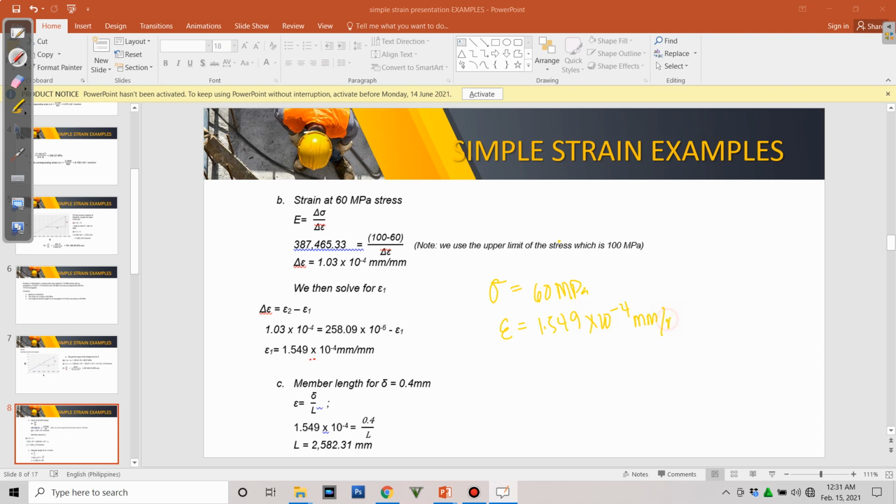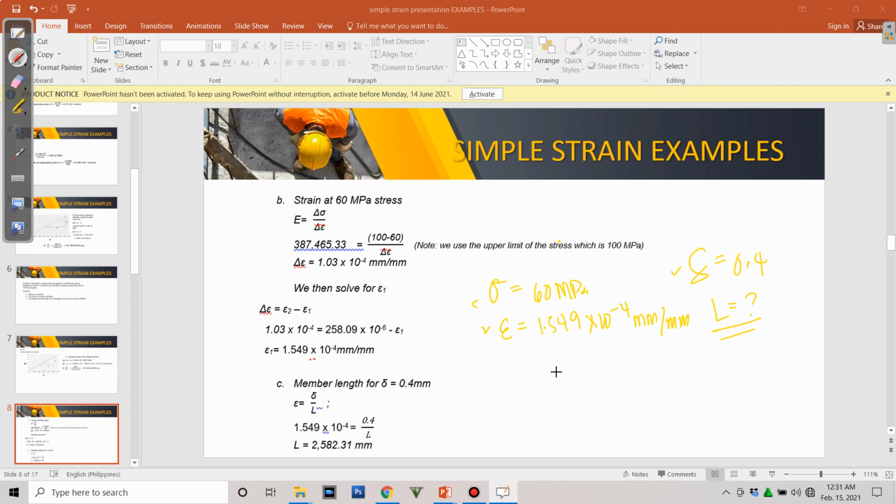This is unitless. If we consider a delta of 0.4, what would be its original length? So these are the three conditions for us to derive L.